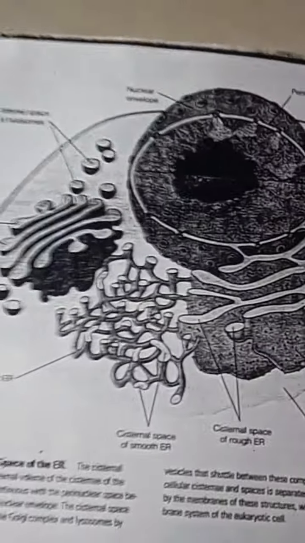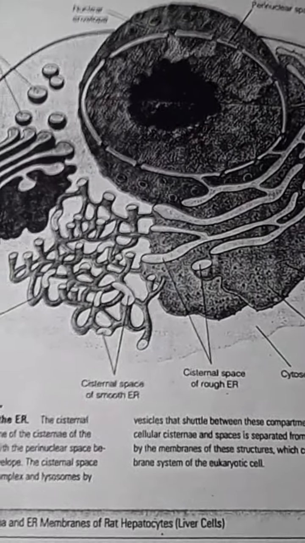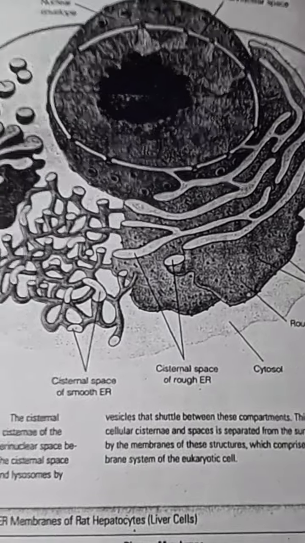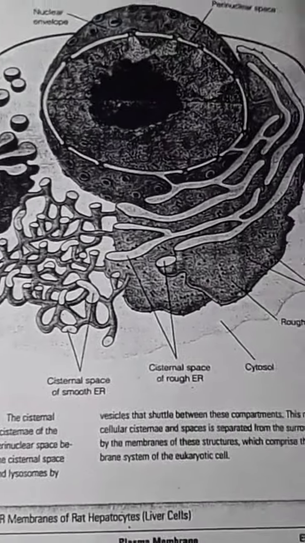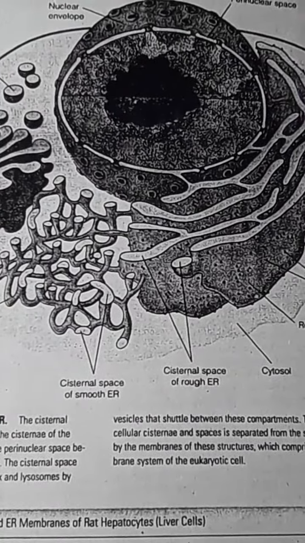Now, we are already talking about two kinds of endoplasmic reticulum, aren't we? The smooth surfaced and the rough surfaced. Yes, endoplasmic reticulum are of two kinds: the rough endoplasmic reticulum and the smooth endoplasmic reticulum.